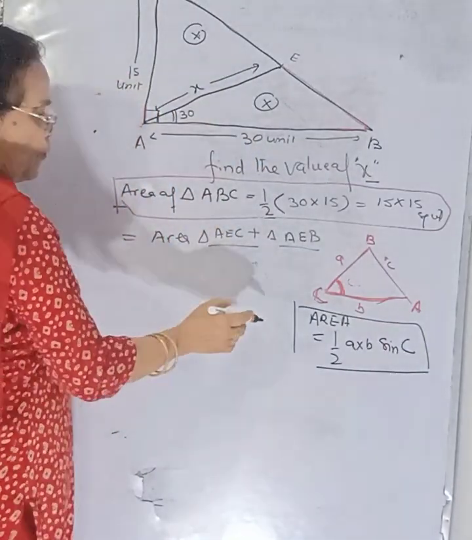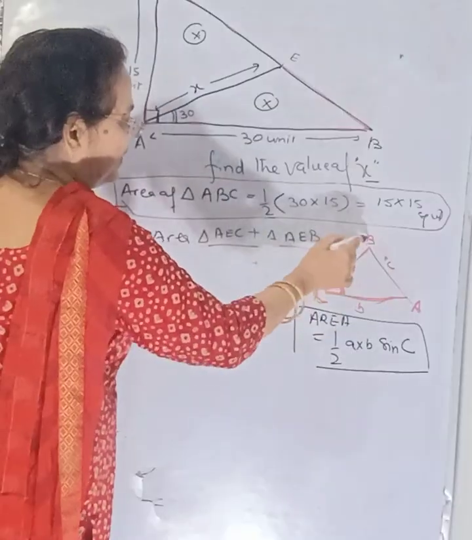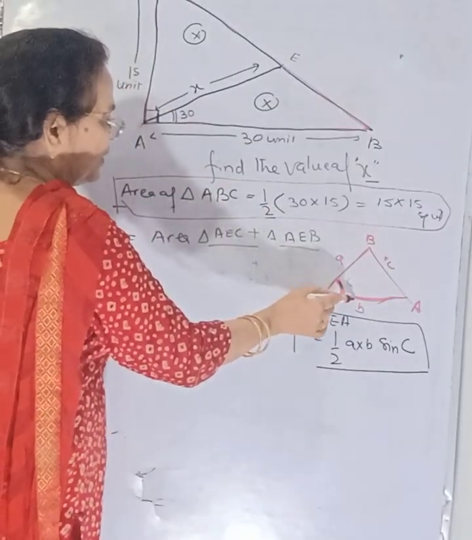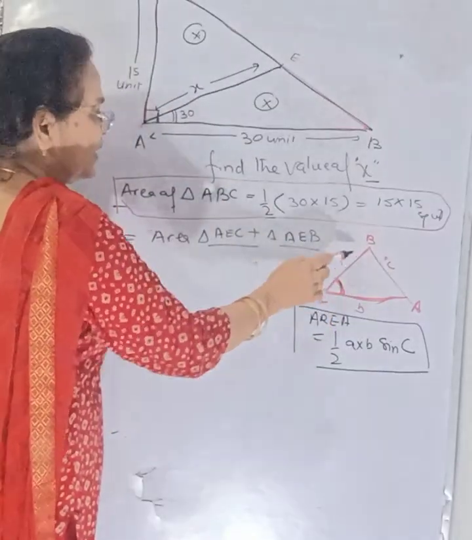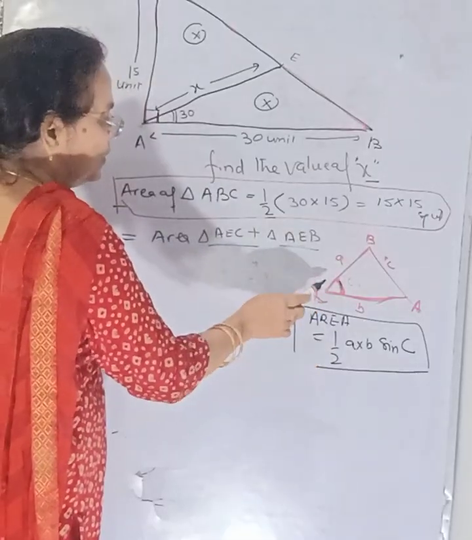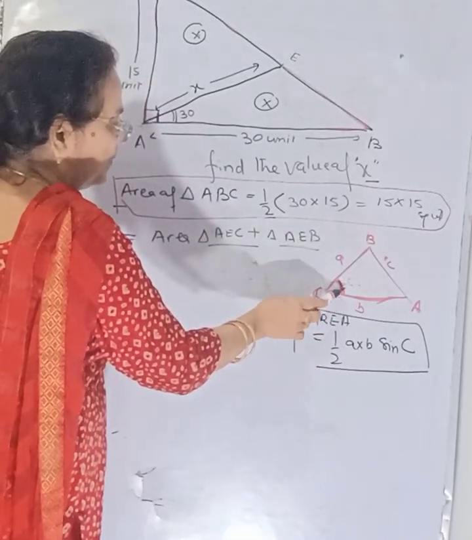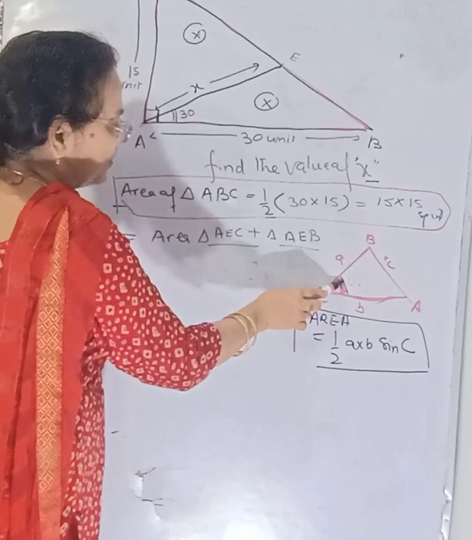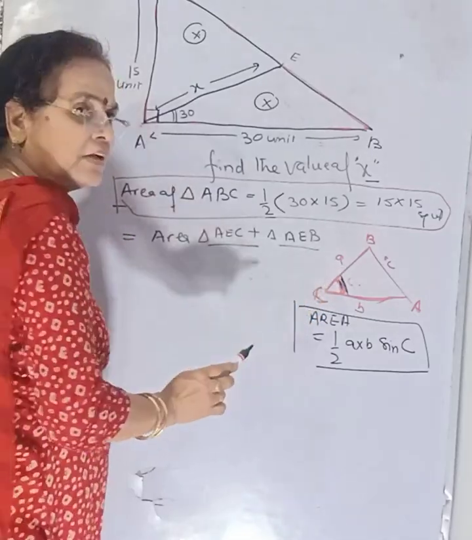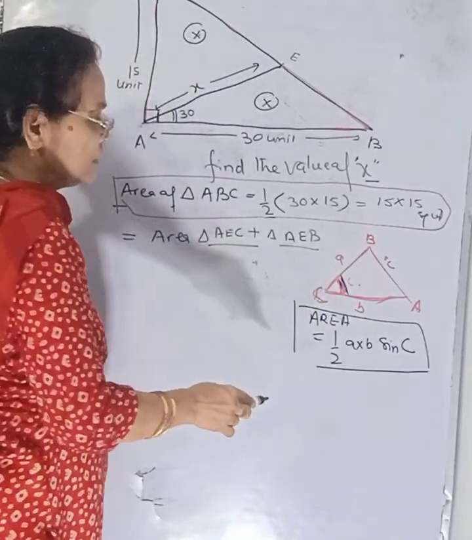This is a trigonometrical formula. If ABC is a triangle and the angle between arms A and B is given, then the area can be obtained as 1/2 A into B sine of the angle in between these two arms.